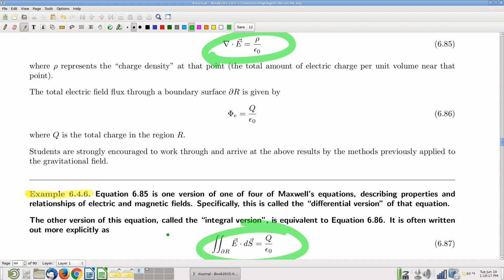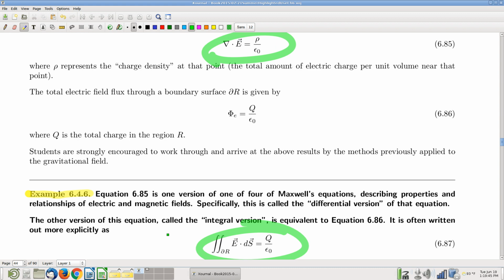Now, at a glance, they don't look to be particularly closely related. This is about a derivative. This is about an integral. What are you talking about? But let me remind you, this says flux is proportional to charge. This says flux density is proportional to charge density.